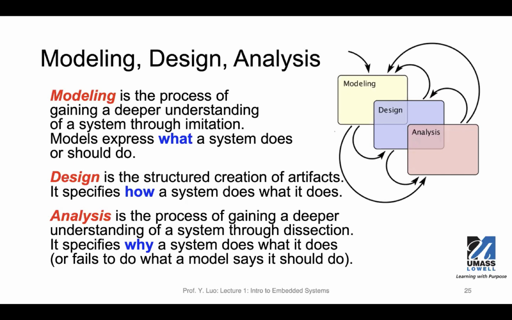The third phase is the analysis. Analysis is the process of gaining deeper understanding of the system through dissection. It specifies why a system does what it does. So once you have the design, you want to check if the design meets your design goals or system specs.